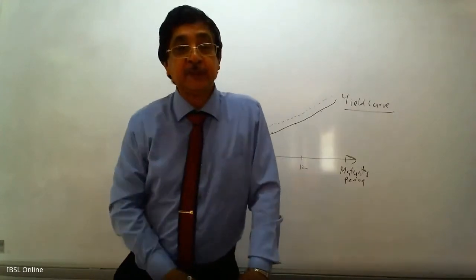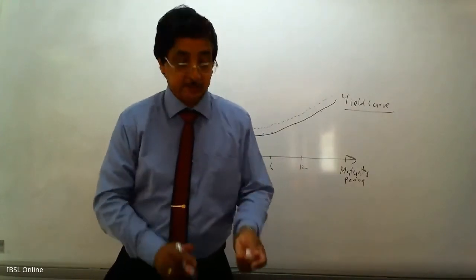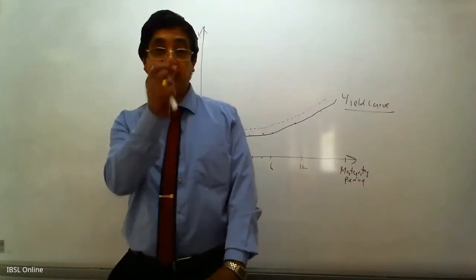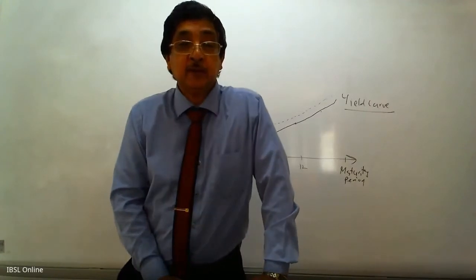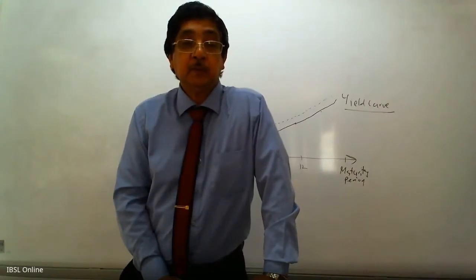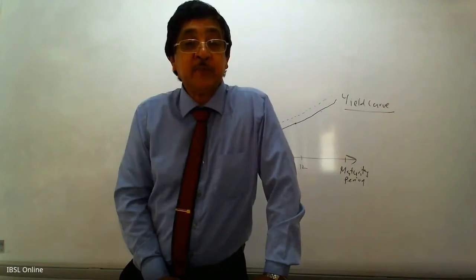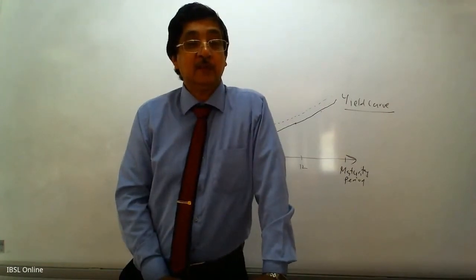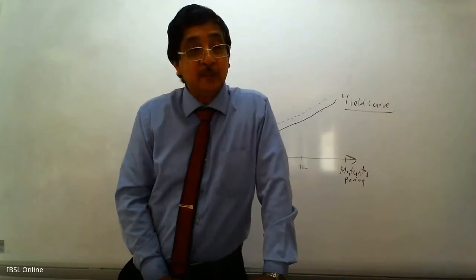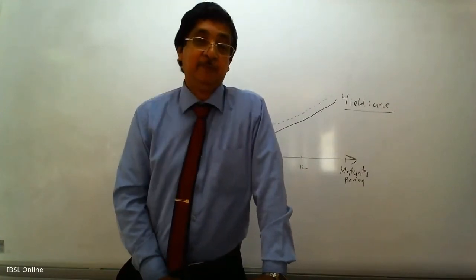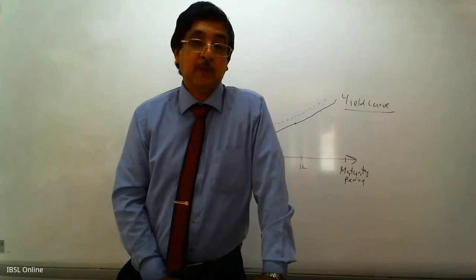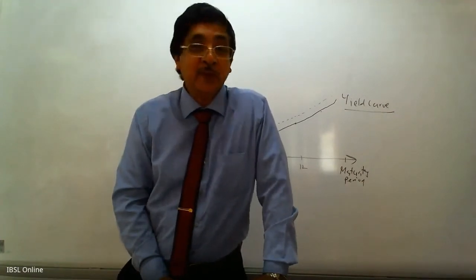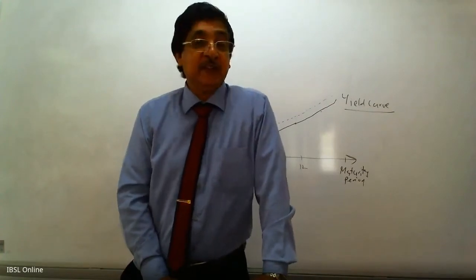If the interest rates go down by a certain amount in all maturities, the same amount, then we call it parallel downward shift in the yield curve. Parallel upward shifts can be there, or parallel downward shifts can be there. More or less, we assume that in order to simplify our processes, but the reality is not that.